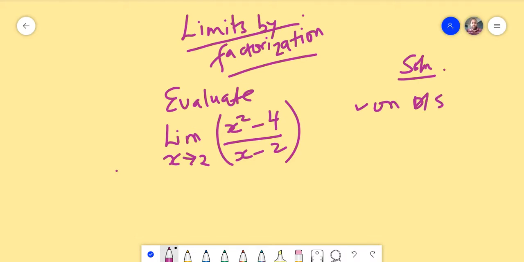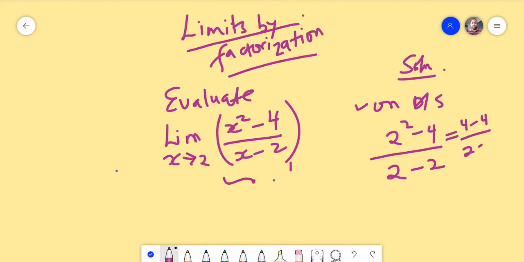If we replace the x with 2, we get 2 squared minus 4 in the numerator, and in the denominator we get 2 minus 2, so this will be 4 minus 4 over 2 minus 2. This definitely will give 0 over 0. And we said any number divided by 0 is undefined, isn't it? So you can even confirm with your calculator.